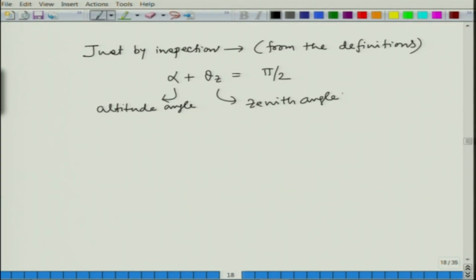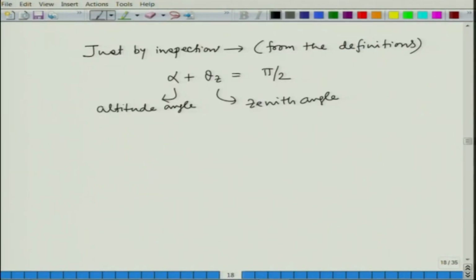Here I want to stress that all these symbols that we are going to use, like alpha, theta z, AZ, L, phi, each signify a particular angle. In the derivations we will not keep saying that this is the altitude angle or that is the zenith angle. We will assume that you recognize that alpha means altitude angle and theta z means zenith angle.